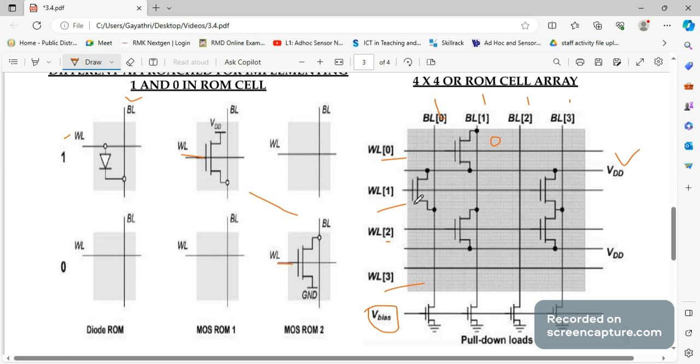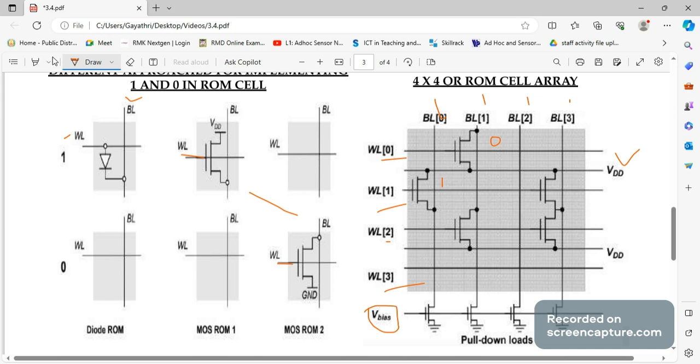Coming to this point, here the source is connected to the supply and the drain is connected to the bit line. Therefore, this is going to be your data 1. In the case of your MOS ROM 1, this is going to be your data 1. So in this bit, I'm going to have the data as 1.